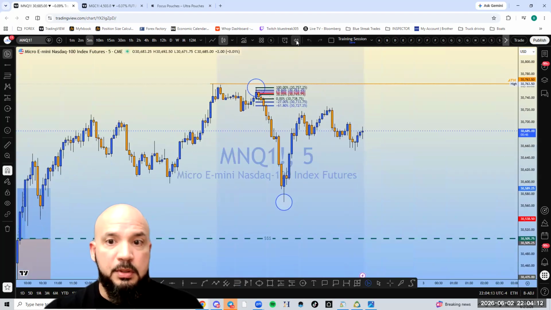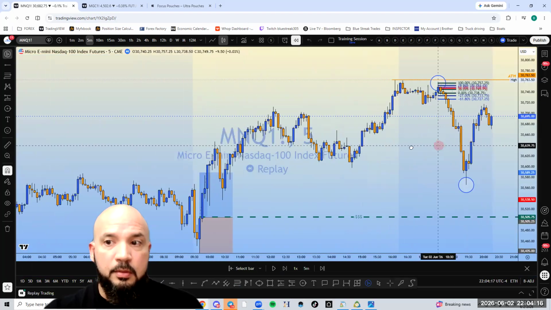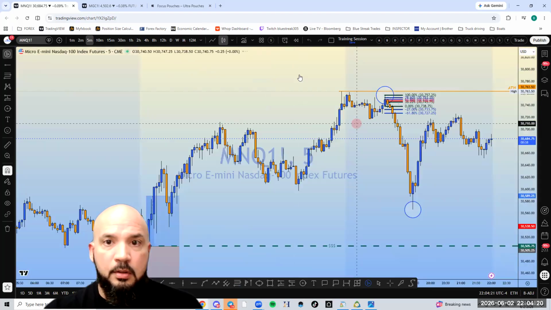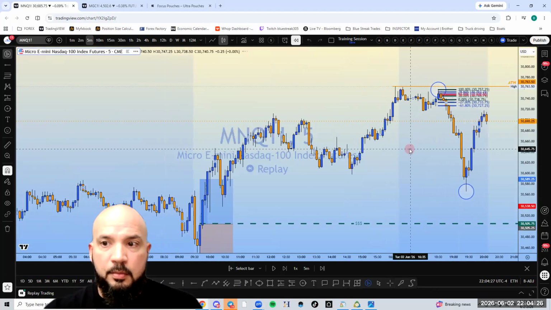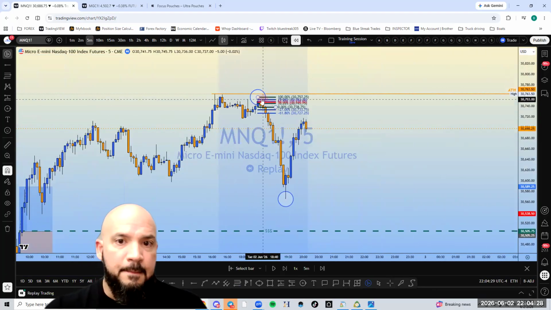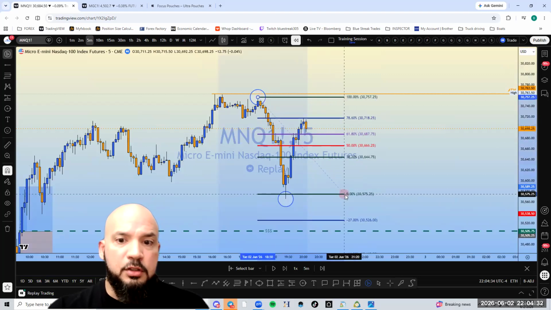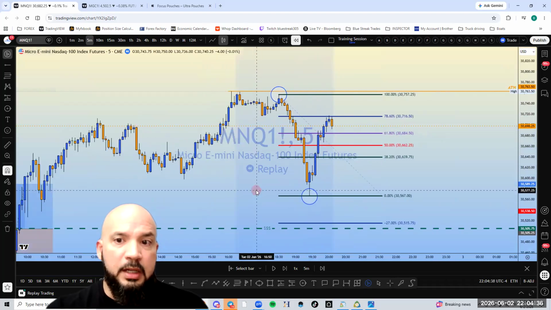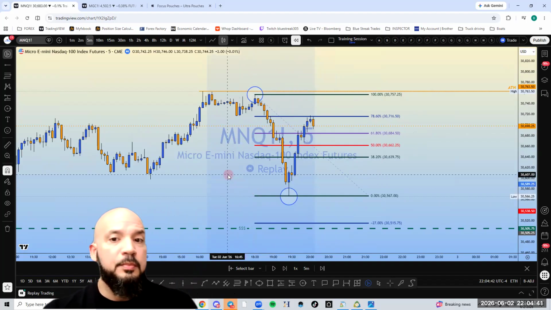We can use this because this is a great example. Just like that. So we do point A on the high, down to the swing low, and we wait for bearish confirmation candles.